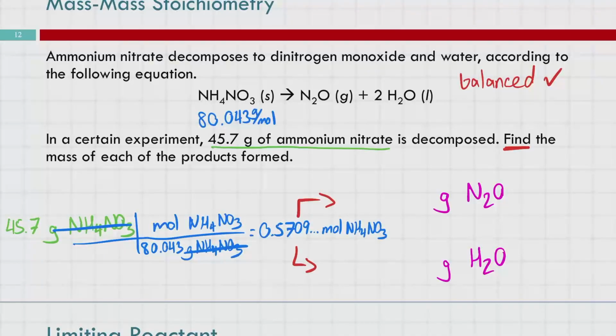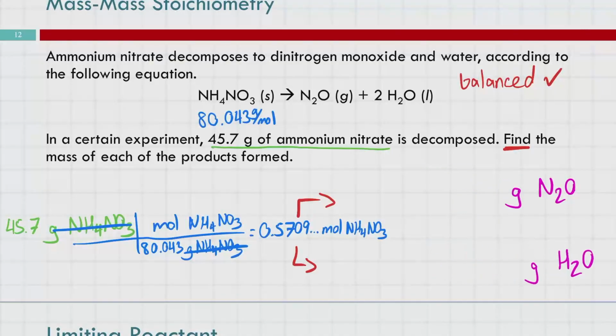And then we're going to split our path here. Part of the reason we did this is one step and then stopped is so that we could switch for our ratio steps. We can go from NH4NO3 to N2O. We can also go from NH4NO3 to H2O, and then we can convert those to grams at the end. What is our ratio of NH4NO3 to N2O?